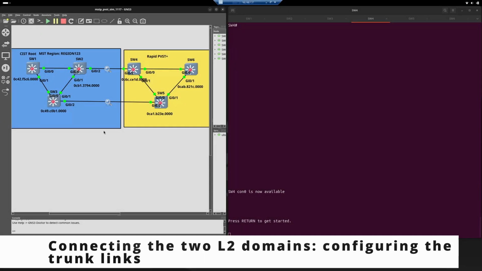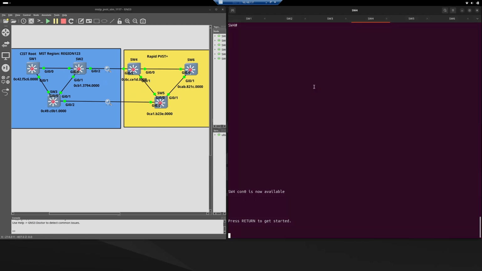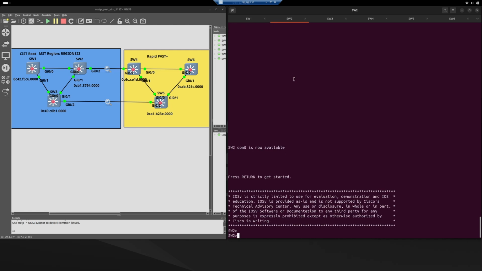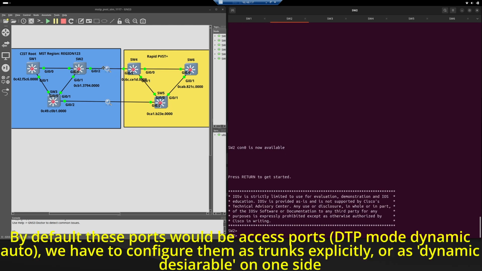So let's no shut these interfaces on each switch and let's see what happens. Actually, first I'm going to configure this link as a trunk link with 802.1Q, because by default this interface G0/2 would be an access port.